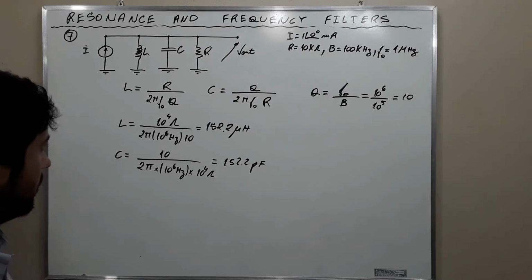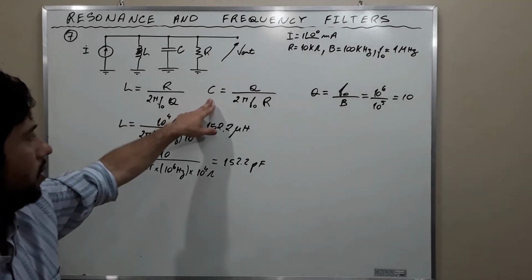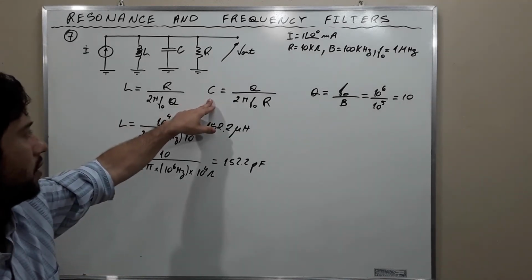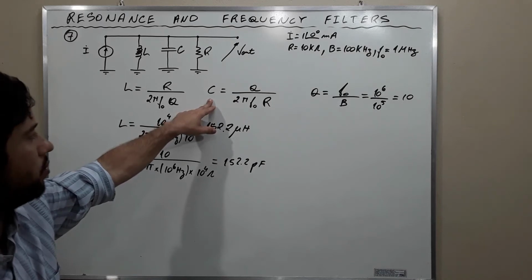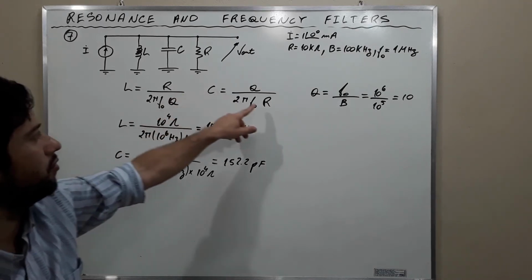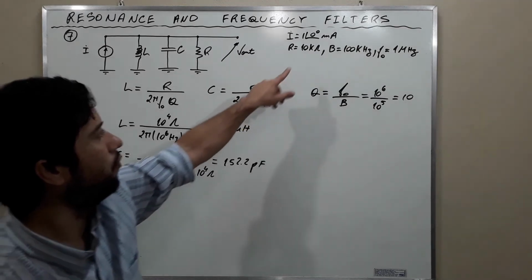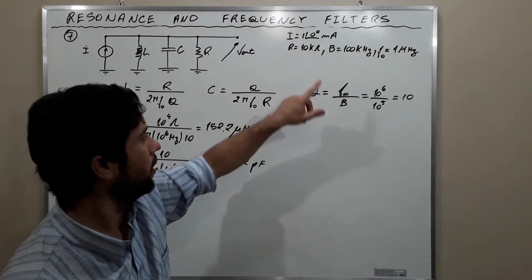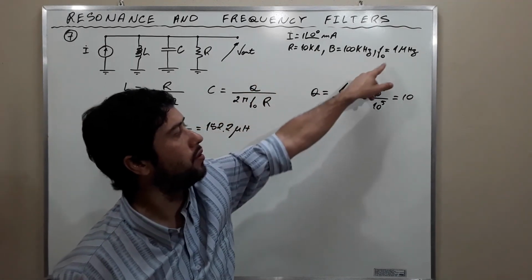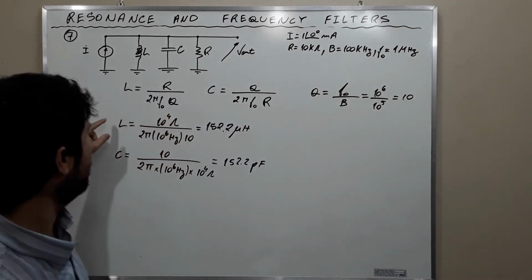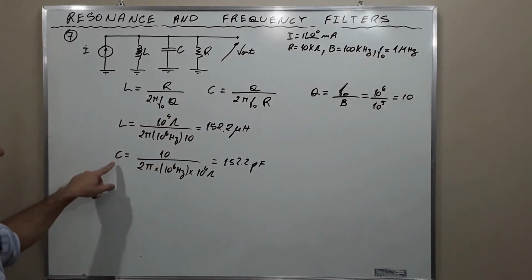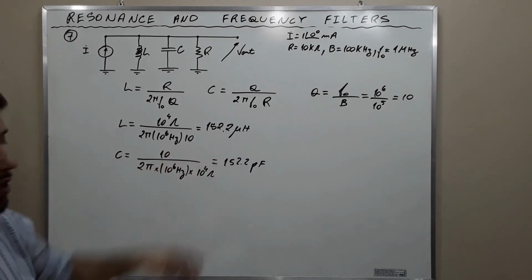And in this case, both the inductance and the capacitance are dependent on the value of the resistance as well. Okay? For this resistance here, and this bandwidth and this resonant frequency, the value of the inductance and the capacitance are these.